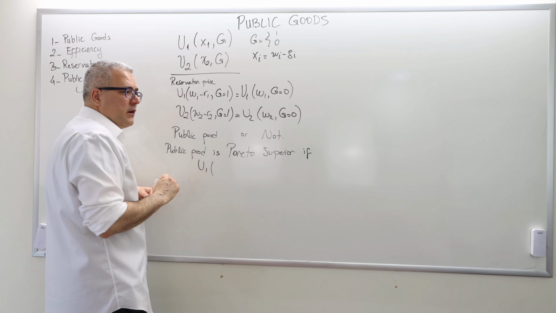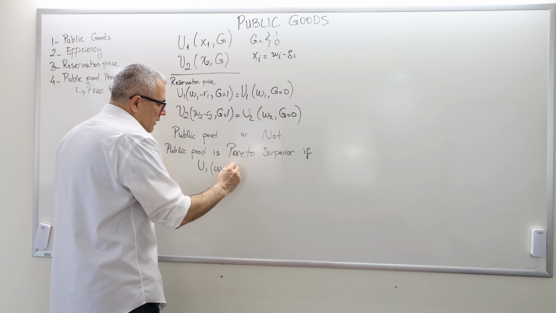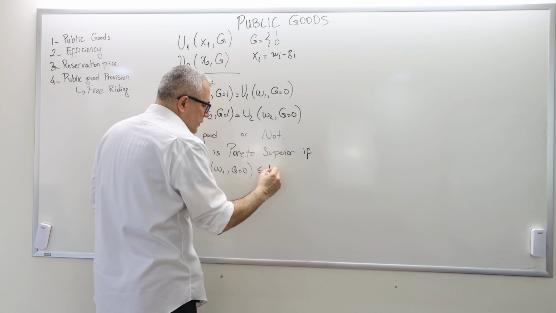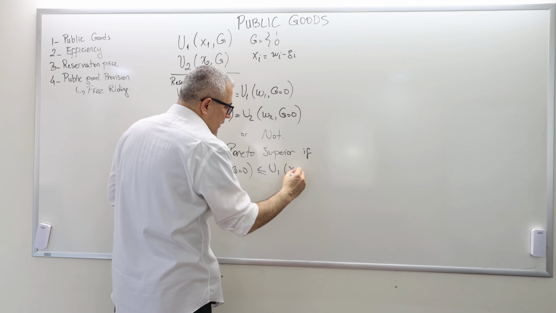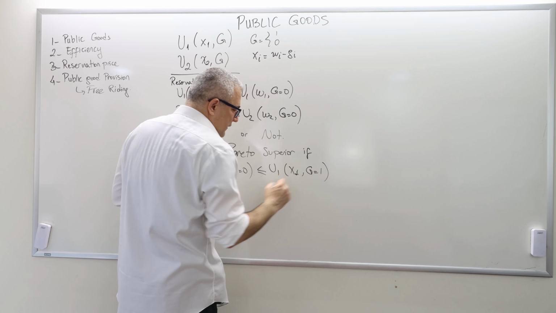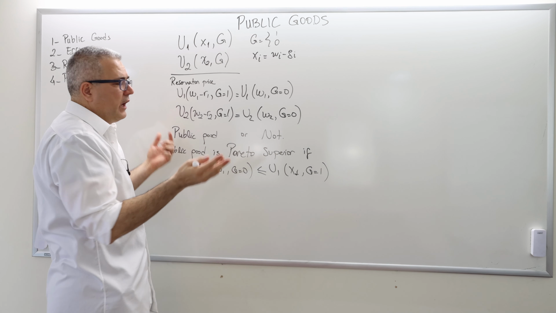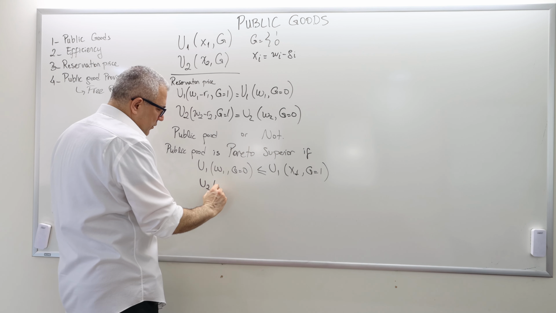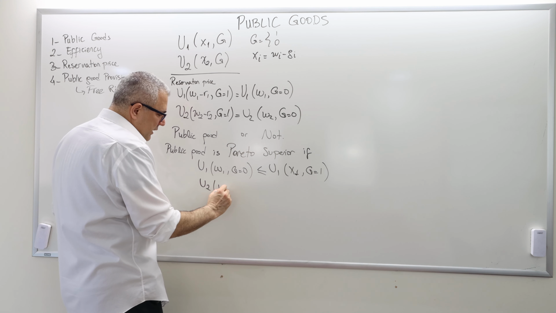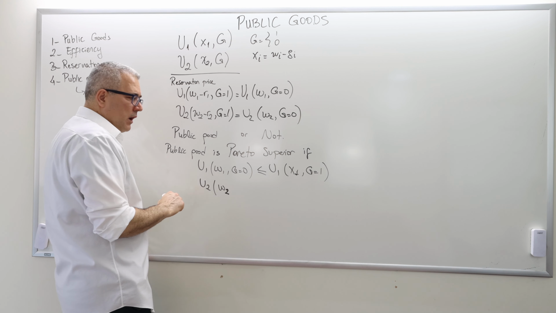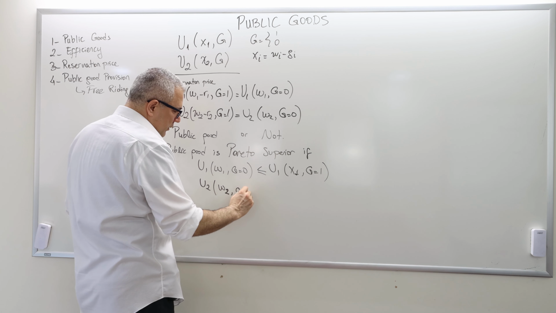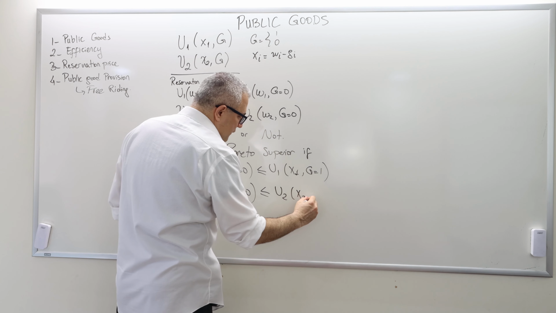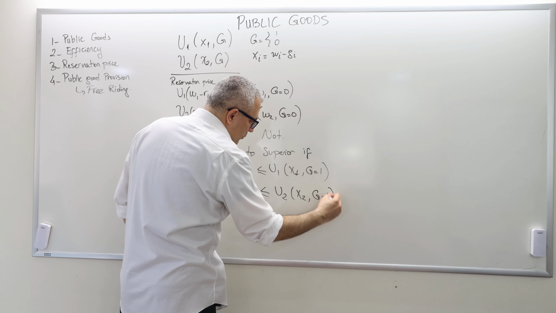the utility of agent 1, when there is no public good, is less than or equal to his utility if the public good does exist, whatever money he spends, say some $1. And the utility of agent 2, when she doesn't spend any money on public good because the public good doesn't exist, should be less than or equal to her utility if she in fact spends some money on the public good.